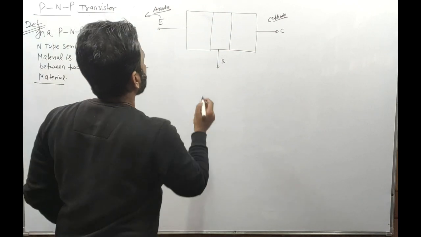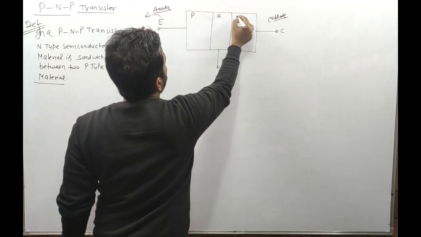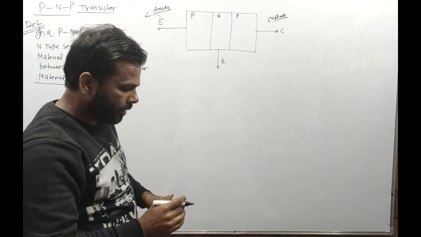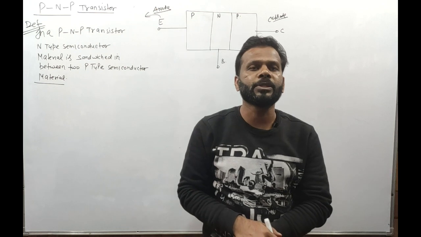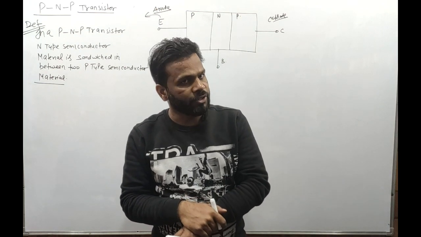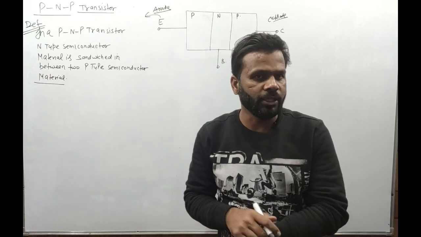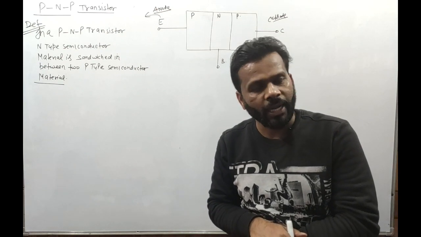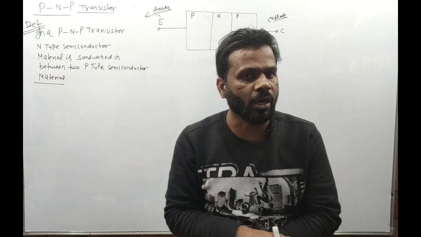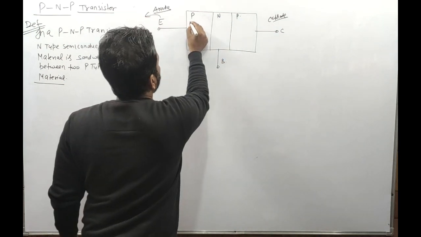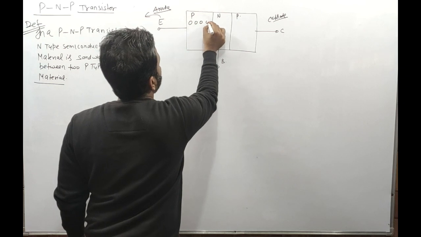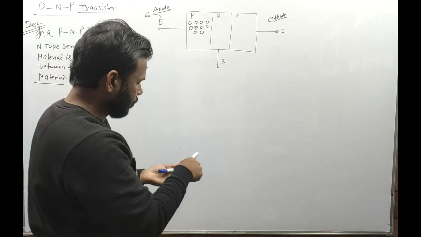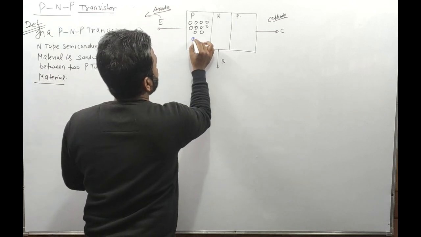Now we are studying what material? P type BJT। okay, now first thing, in P type semiconductor material, holes are the majority charge carriers and the electrons are the minority charge carrier। Similarly, in case of n-type semiconductor material, electrons are the majority charge carrier and holes are the minority charge carrier। okay, now suppose we are having the holes as a majority charge carrier, so we are just drawing 10 holes, okay, and 2 as electrons.